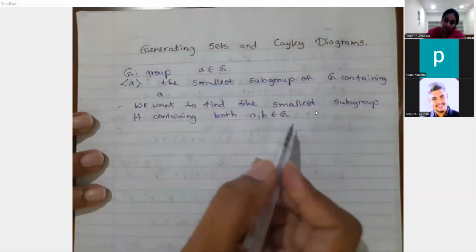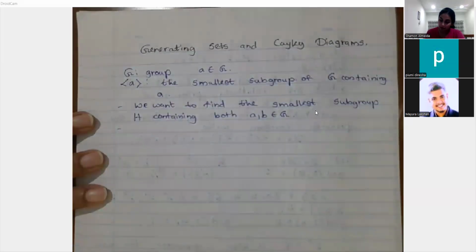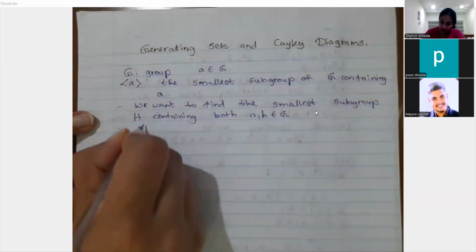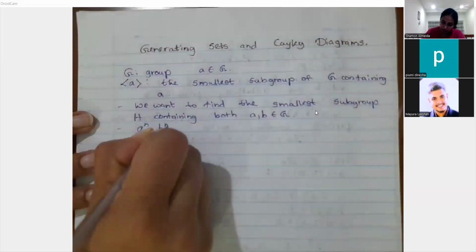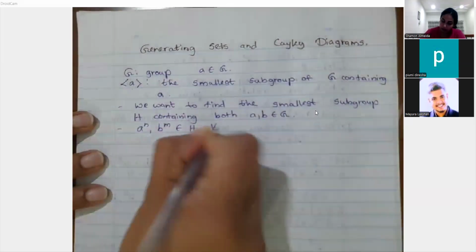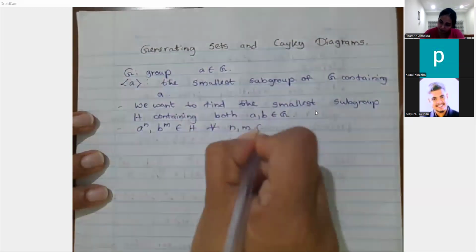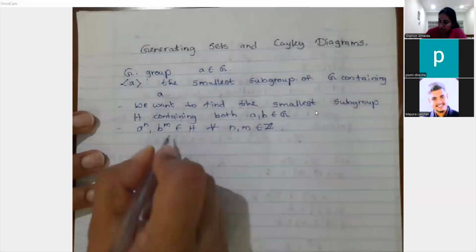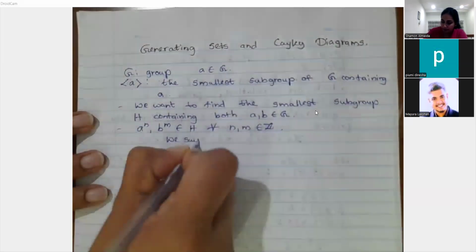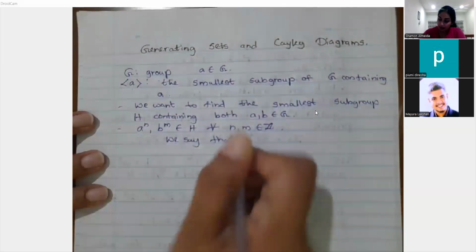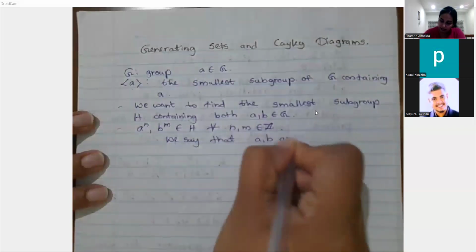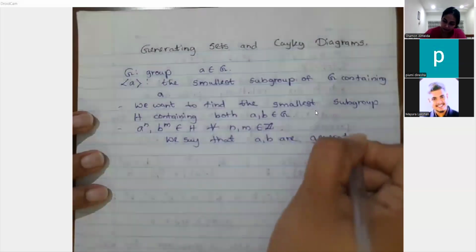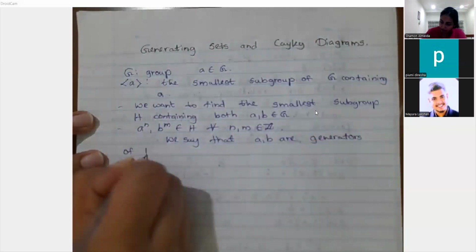So if A and B are both in H, we must have A to the N and B to the M to be elements in H for all N, M in Z, right? Then we say that A and B are generators of H, right?